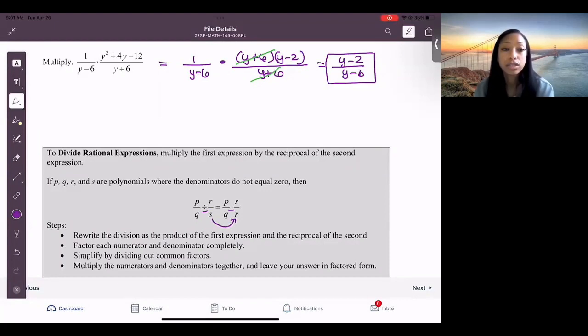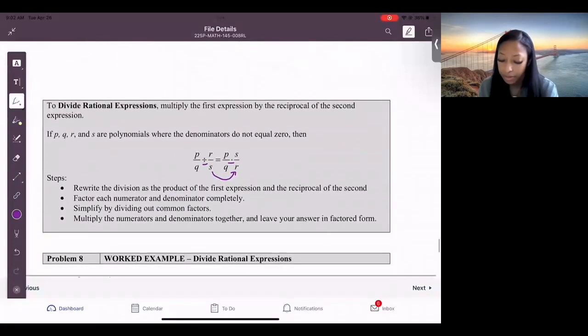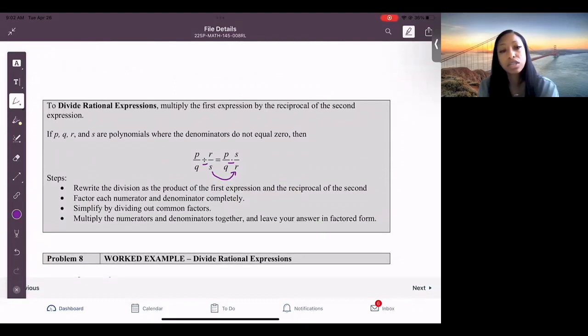Okay, so to divide rational expressions, we multiply the first expression by the reciprocal of the second. And then from there, it works just like the previous multiplication problems we've done. Multiply the numerators, factor the numerators and denominators, cancel out the factors, and simplify. If you look at the steps, notice the only difference between multiplication steps and division steps is the first step.